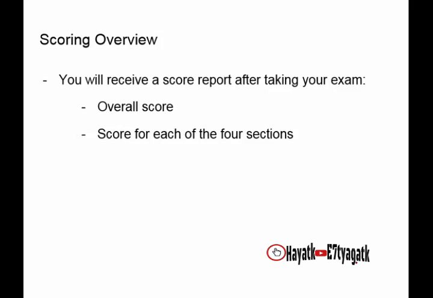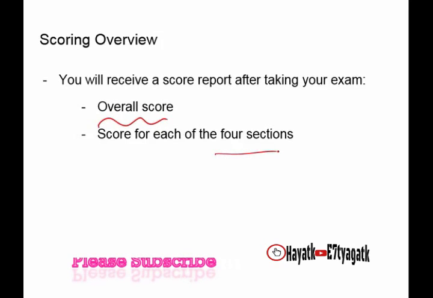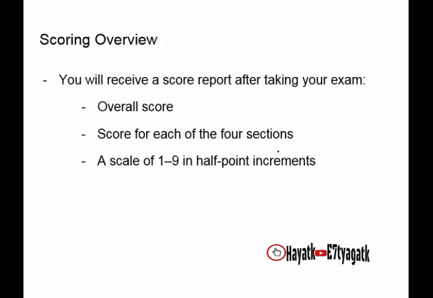Your overall score is really your average of the scores you receive in listening, reading, writing, speaking. I'm going to describe that a little more in detail later in this lesson. For now, just know that you'll receive all of those types of scores after you take the exam.